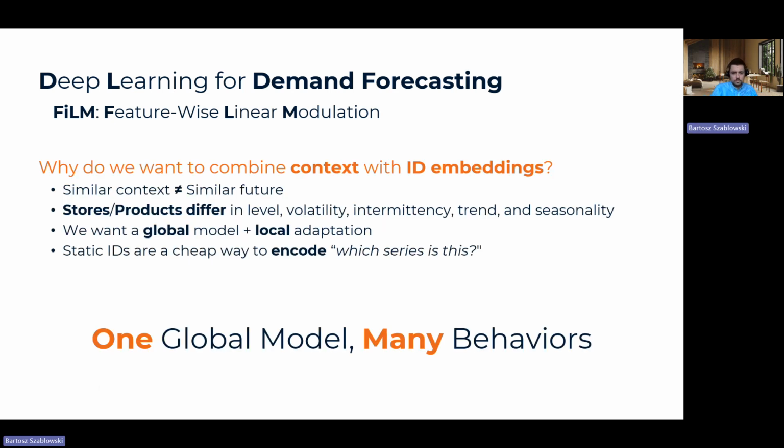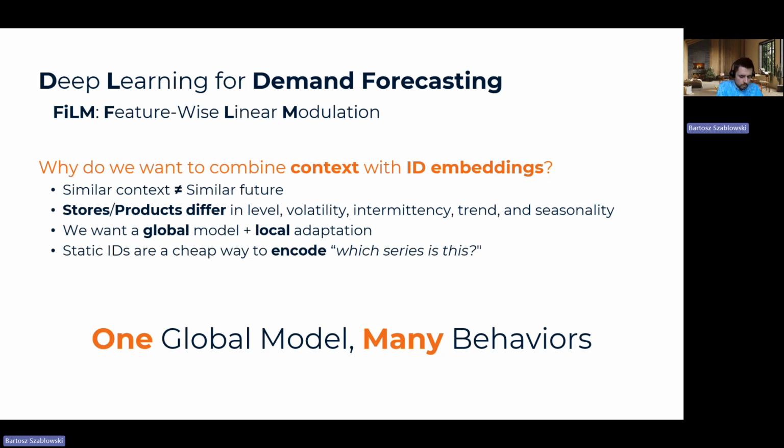Okay, but you could ask me why at all we want to combine this information, because context alone is often not enough. Two time series may look very similar over the last few weeks, but one of them can be regular and stable, while the other one can be heavily dependent on other factors like weather, promotions, price changes, and so on.